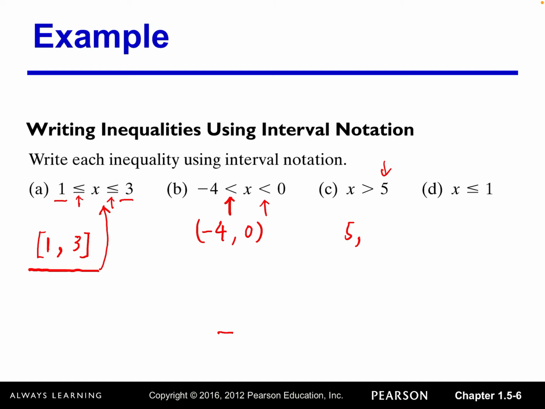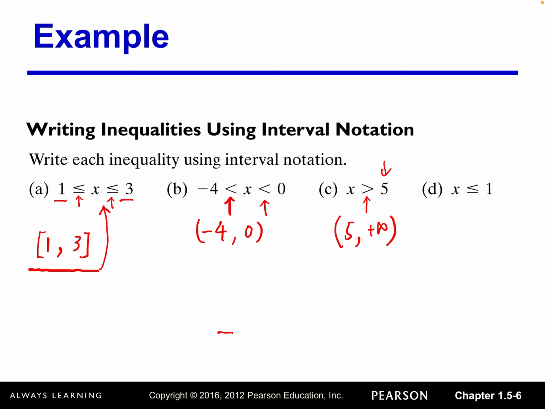The right-hand side, the upper boundary, is not specified, so the default will be positive infinity. Infinity is always open because we do not know what specific number it is going to be. For infinity, it doesn't matter positive or negative, we always use parentheses. And then on the left-hand side, we check the inequality symbol: no equal sign, so the left-hand side is also open.